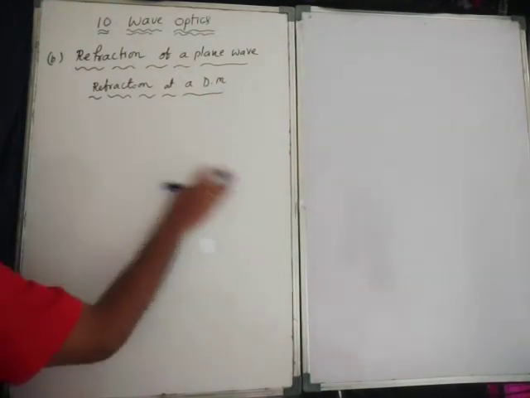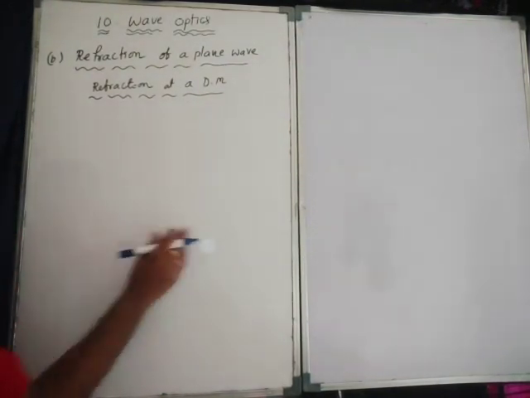First I will consider this is the refracting surface. This is medium 1, and this is medium 2.